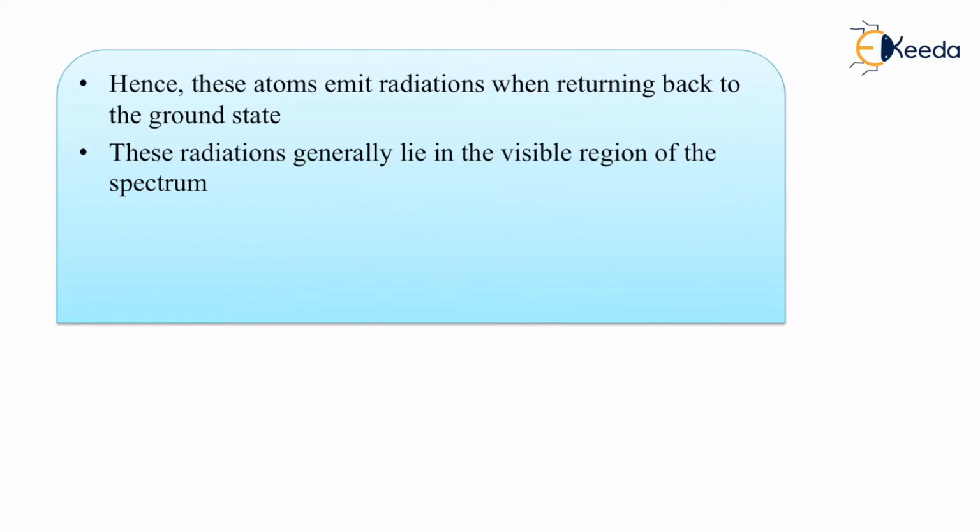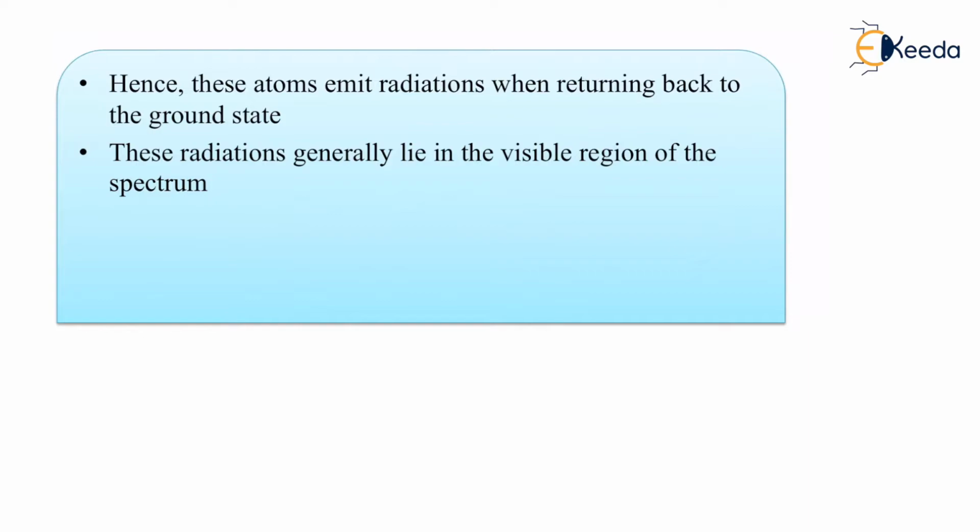These radiations generally lie in the visible region of the spectrum. Whenever we talk about the spectrum, it is nothing but variations of different levels of light. Some of these radiations are visible to the naked eye, some are not visible. Even if they are not visible, they are there.